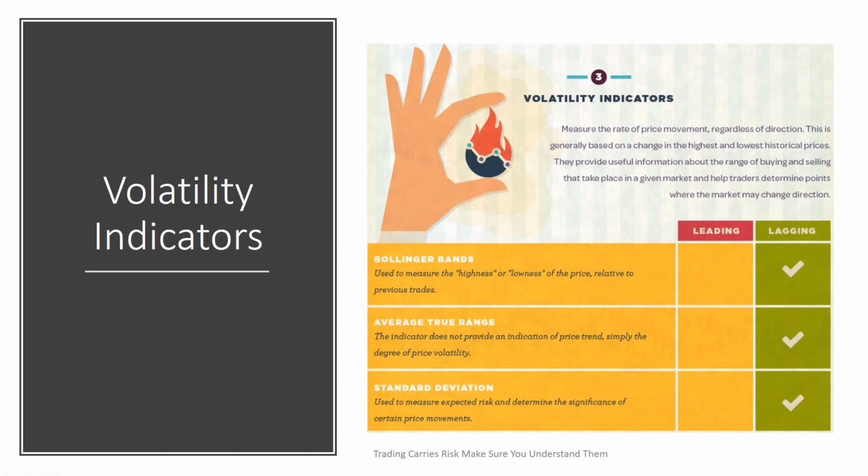Now, volatility indicators, look at that. They're all on the right-hand side. Most volatility indicators are lagging indicators. So Bollinger Bands is a lagging indicator. ATR is a lagging indicator. Standard deviation is a lagging indicator. Of these, Bollinger Bands is one of the most well-known, most successfully traded indicators.